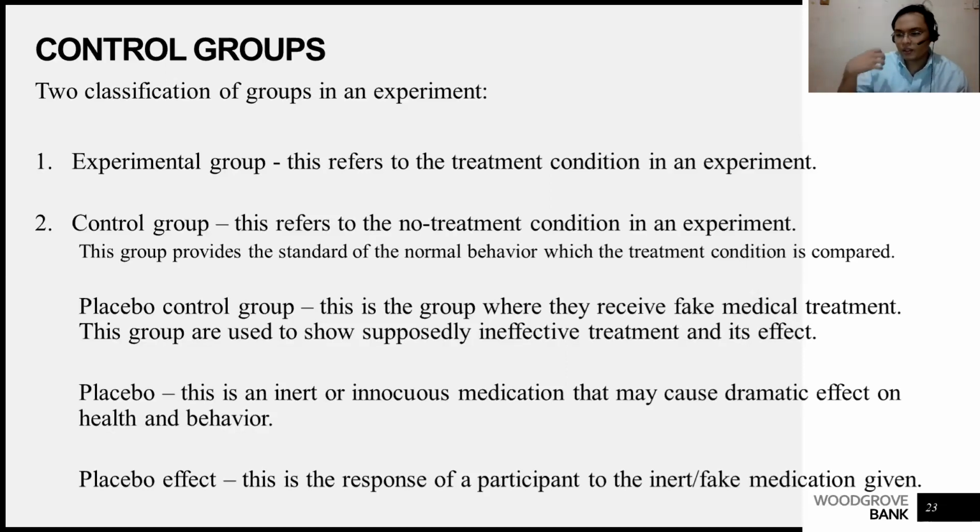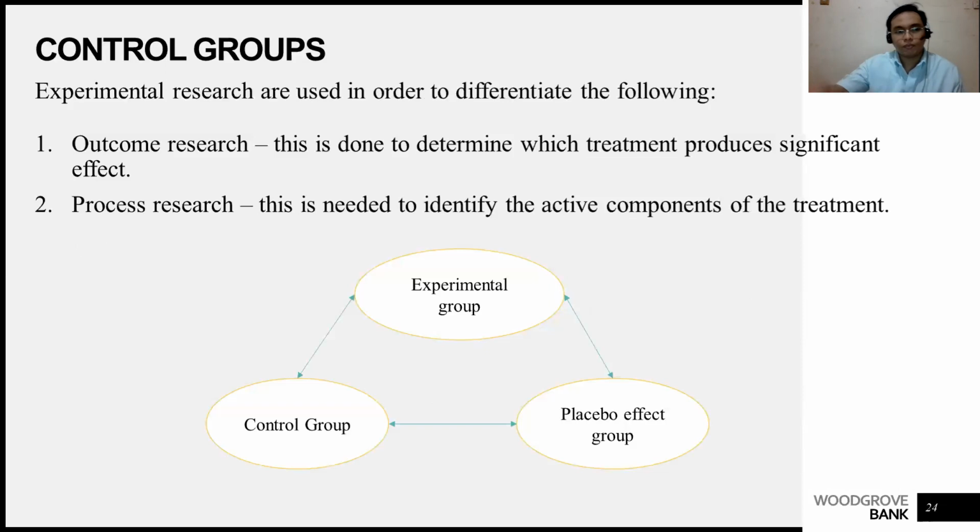So you can see the psychological effect in a placebo control group. Placebo is an inert or innocuous medication that may cause dramatic effect on health and behavior. So if you have given them a placebo, the placebo effect is bound to happen. A placebo effect is the response of the participant to the inert or fake medication given.